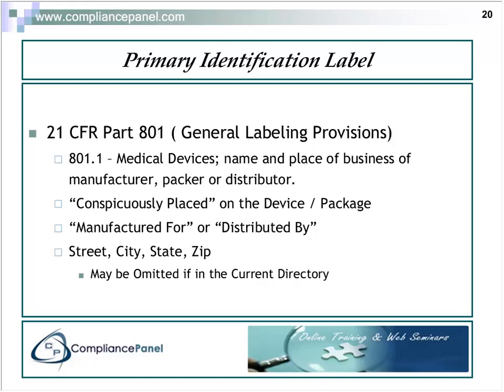They're looking for the city, the street, the state, and the zip code of the company. And the exception is that the street, city, and zip code may be omitted if it's in the current phone directory. So for Analogic Corporation, we could just put Analogic Corporation, Peabody, Massachusetts. So we could leave out the street, for instance. We wouldn't have to put that down.